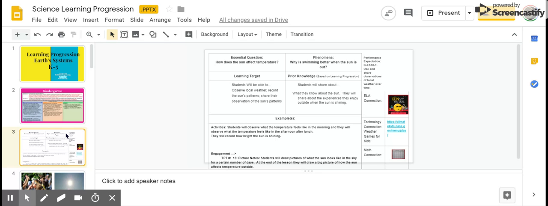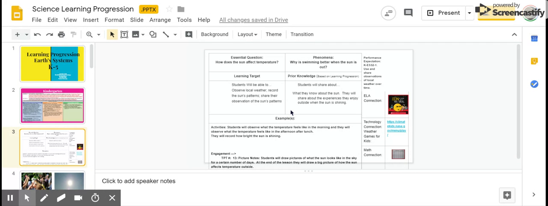And they will observe and they will talk about, as a class or group, activities that require the sun to be out and for the sun to affect the temperatures when they're outside. So, activities that are related to that. So, the learning target is that the students will be able to observe local weather, record the Earth's patterns, and share their observation of the sun's patterns.